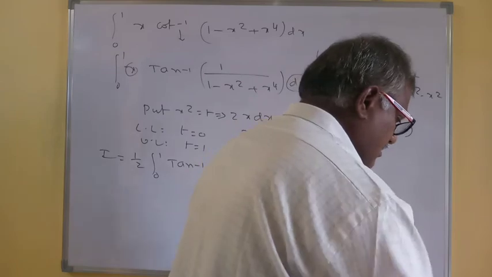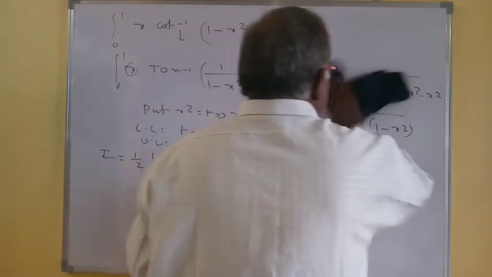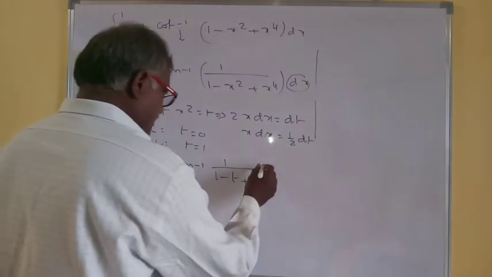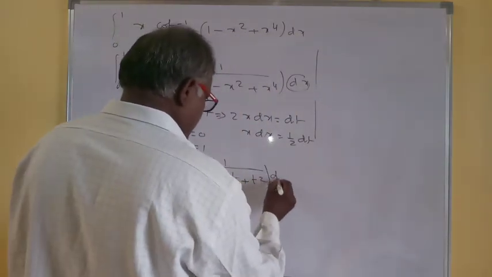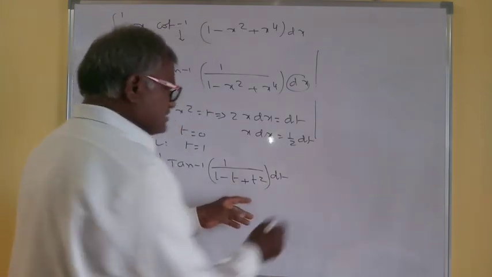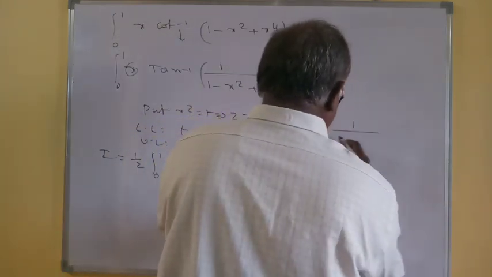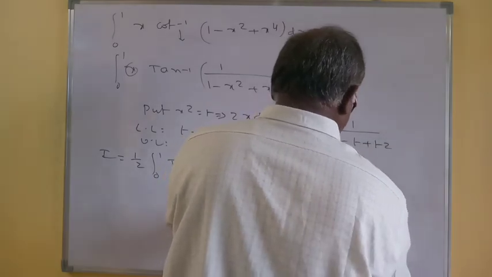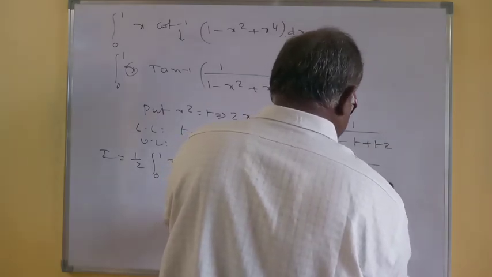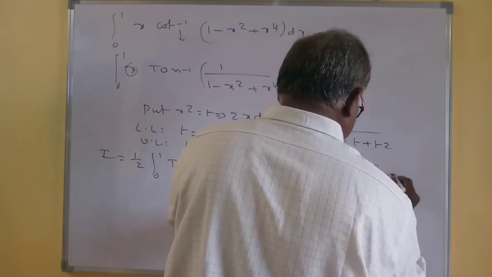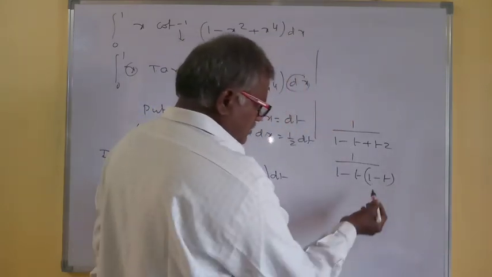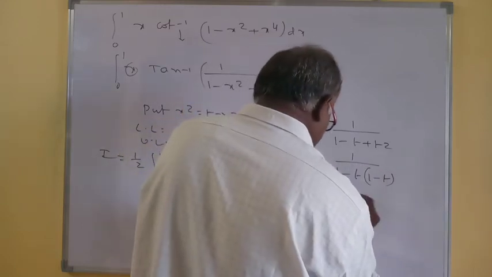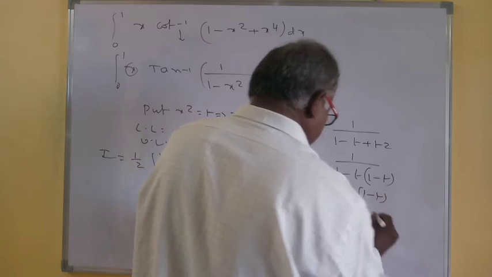Now I have to simplify this one. I can rewrite minus t plus t square as t times 1 minus t, so 1 by 1 minus t plus t square. Numerator 1 is written as highest minus lowest: t minus of 1 minus t.